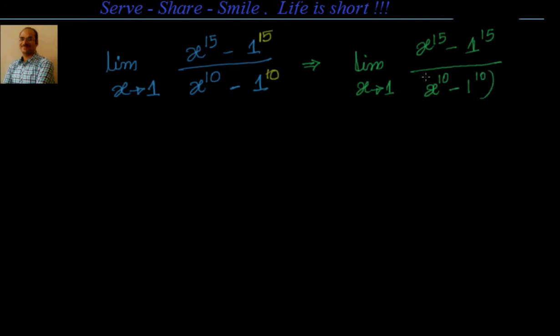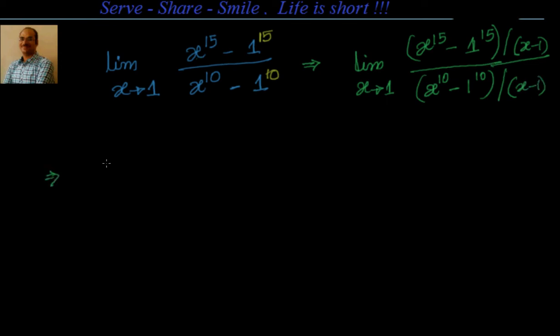Now you can see that these are nothing but x to the power of n minus a to the power of n with missing x minus a. What is x minus a in both of them? a equal to 1. So I have x minus 1. So I can write it as divided by x minus 1.